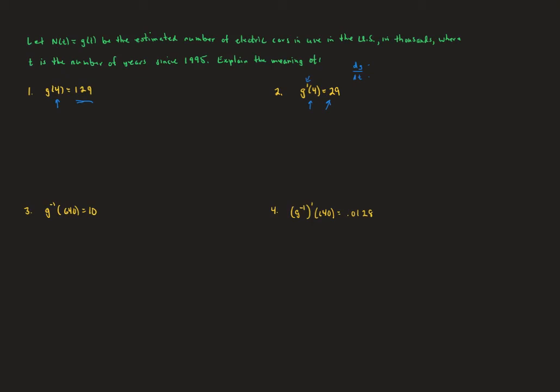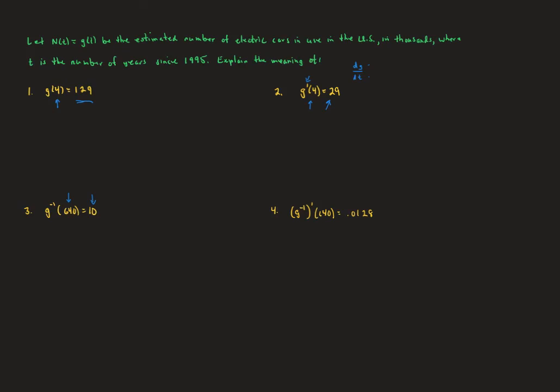Okay, moving over to number 3, the inverse. These are always tough. We're switching now the independent and dependent variables. So now the input value is not going to be years, it's going to be thousands of electric cars, and the output value is going to be our years.